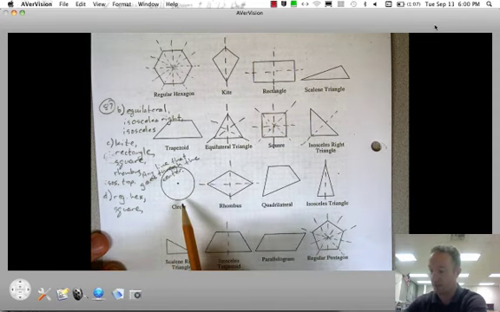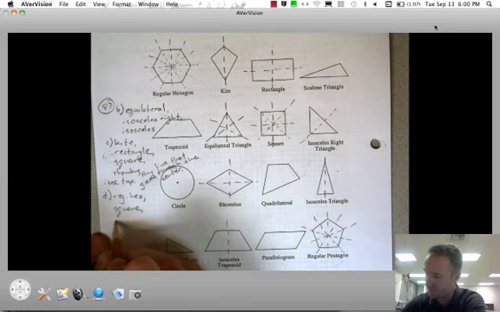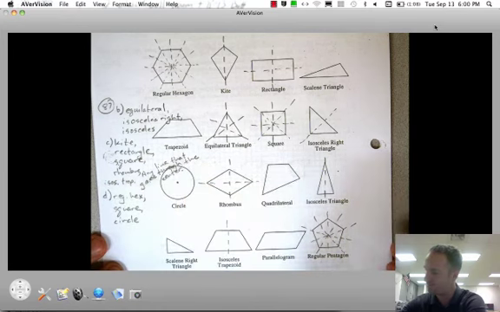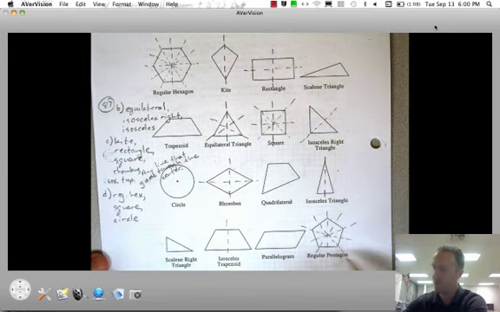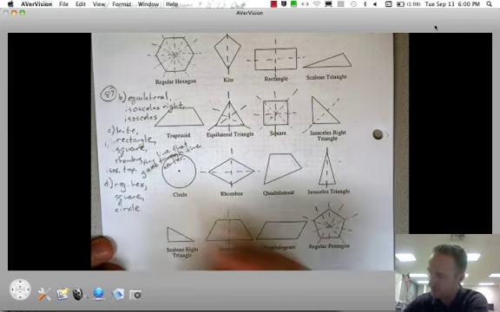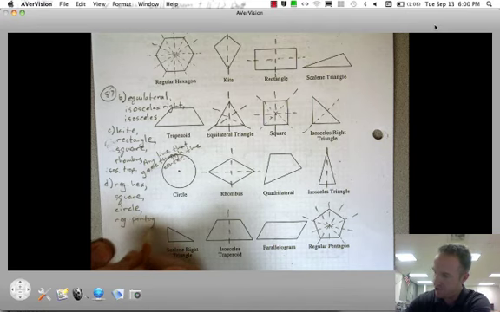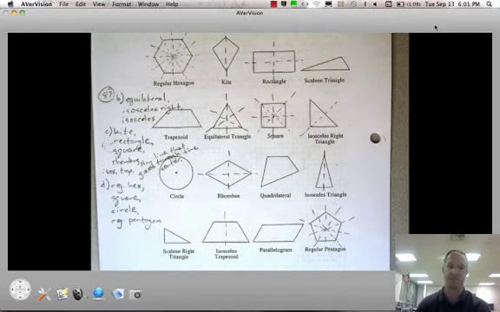And let's see, the circle obviously does. We said it has infinitely many, because any line that goes through the center is a line of symmetry. We also have the regular pentagon. So we'll put pentagon. Those are the only ones that have more than 3 lines of symmetry on this sheet, of course.